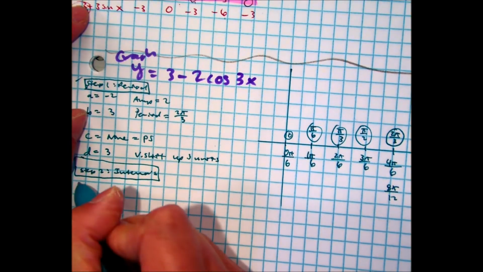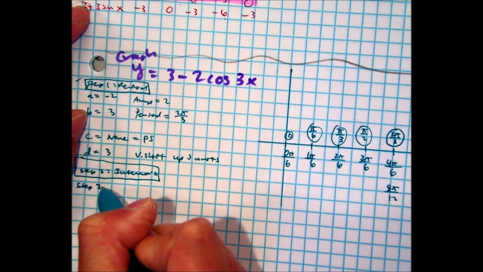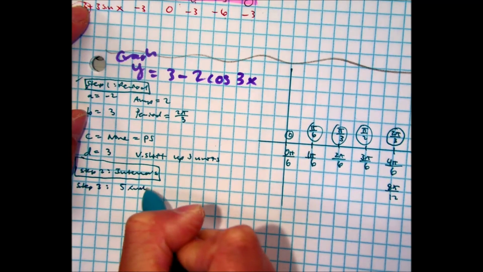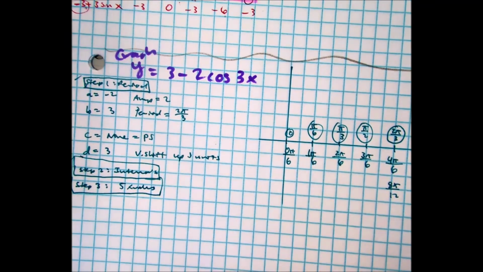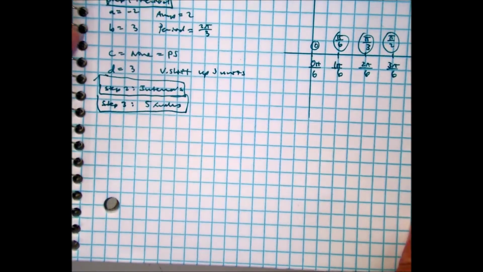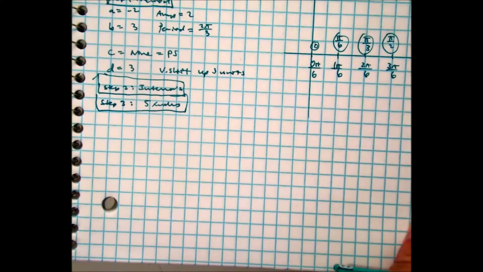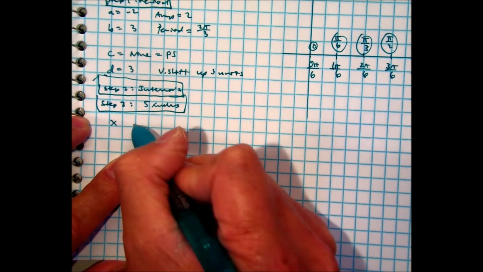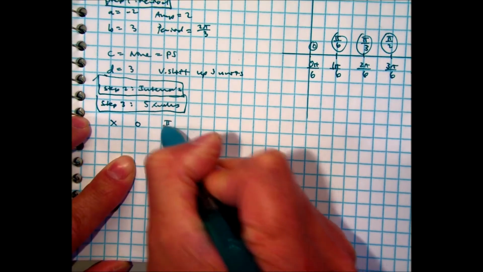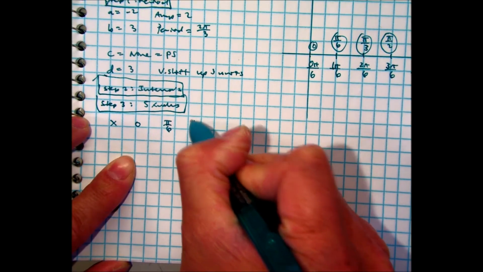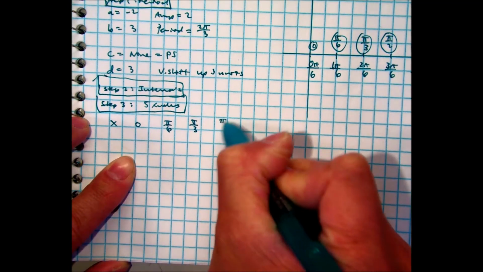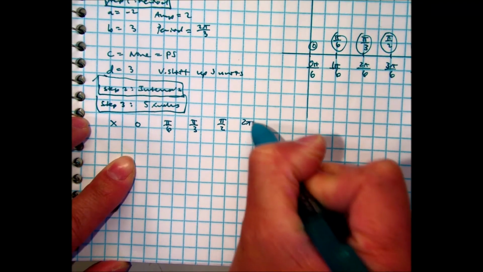Let's go ahead and get our 5 x values. So my x values are 0, pi over 6, pi over 3, pi over 2, and 2 pi over 3.